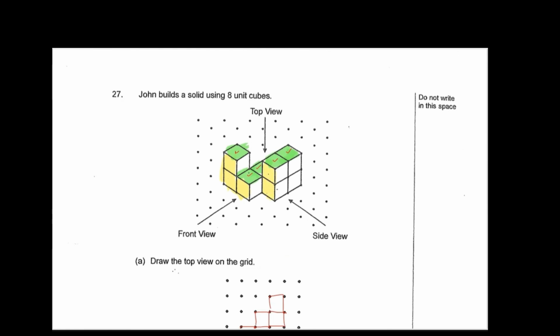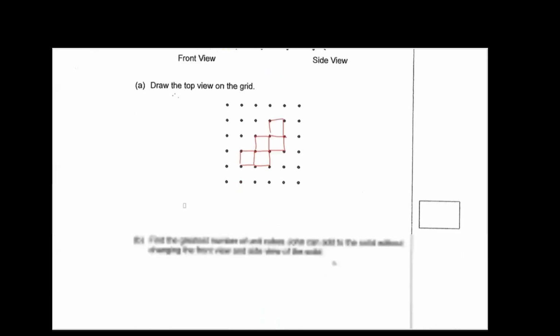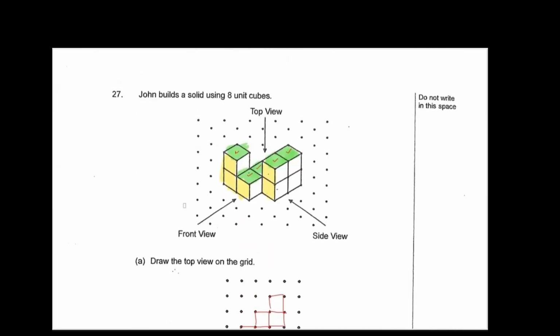Okay, where else can we add so that the front view and side view doesn't change? Let's highlight the side view. You just focus on the yellow and pink. The front view is like a U shape, right?